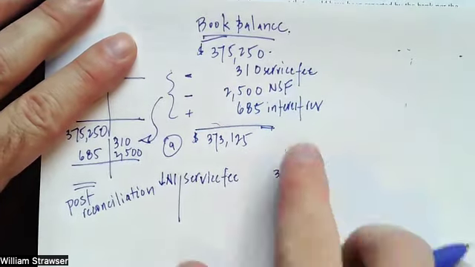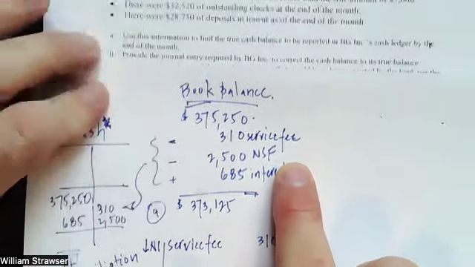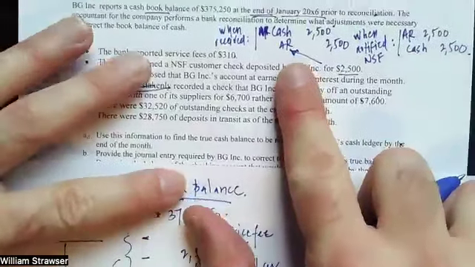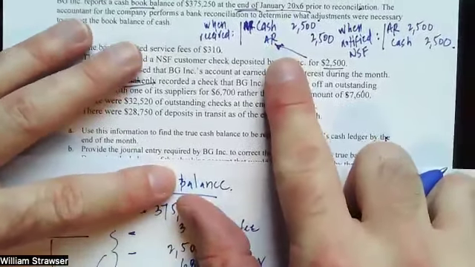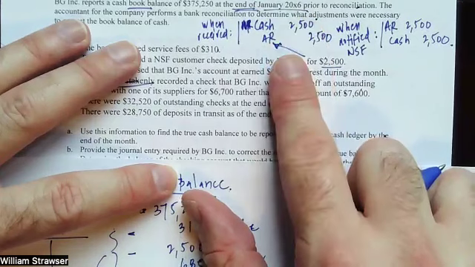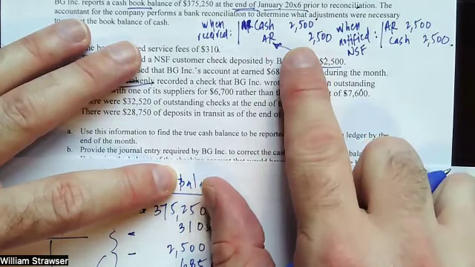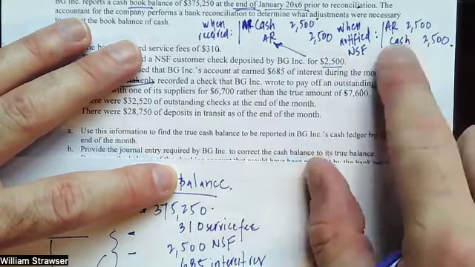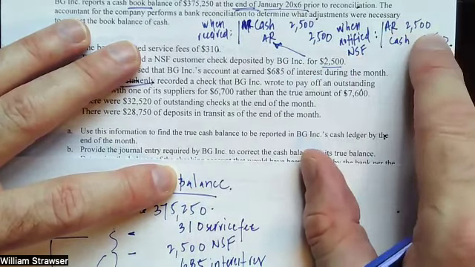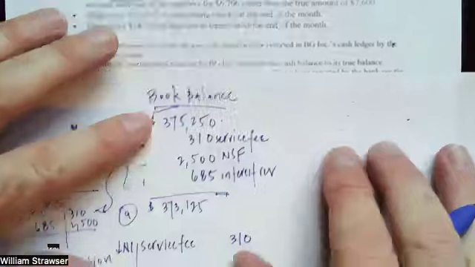Now, the NSF check, 2,500. I kind of set that up earlier when I was saying, well, what happened when we got the check but didn't know it was NSF? Well, we debited cash and perhaps credited AR. And if that's the case, they still owe us money and we need to reduce our cash.